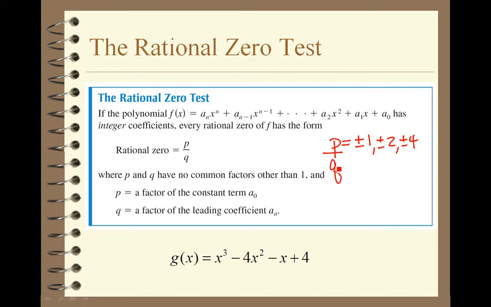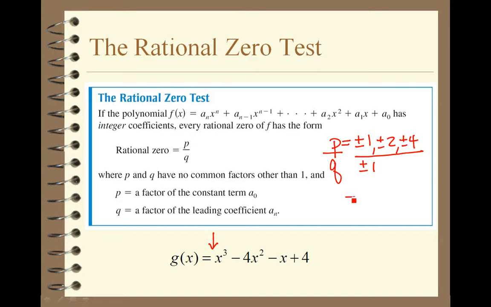Divided by q, which are the factors of the leading coefficient. So what is the leading coefficient here? Coefficient is a number, not a variable. So what is the number in front of the term with the highest exponent? It is 1. So q factors are plus or minus 1.